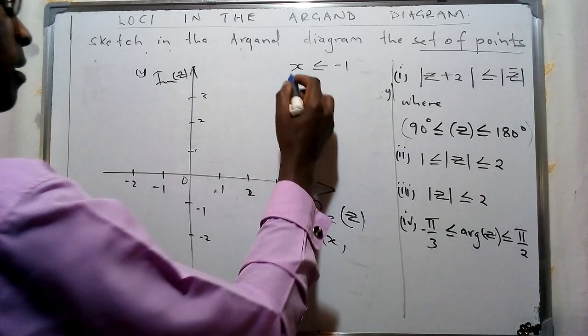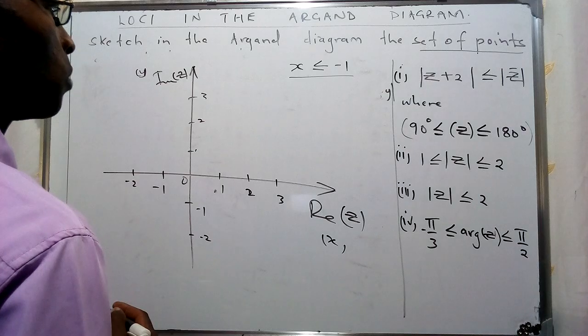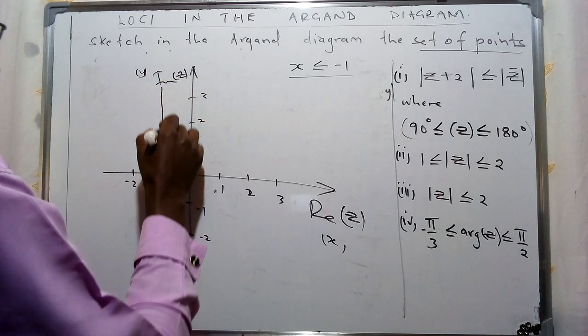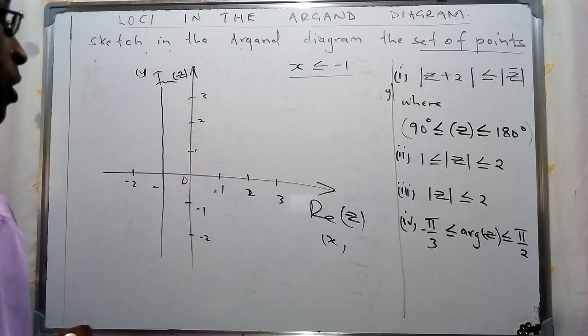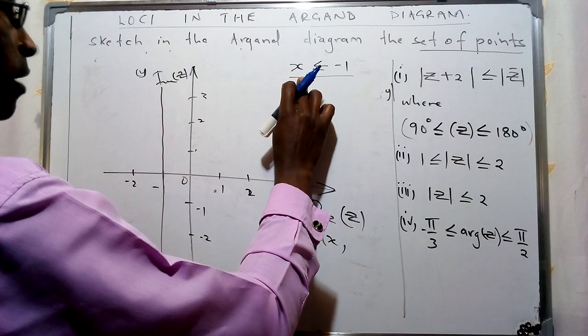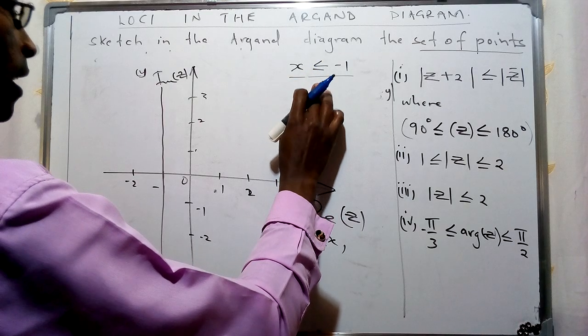So for us to find this representation, which gives us a value at negative 1, we have a specific range of values representing x, which is either equivalent to or smaller than negative 1.